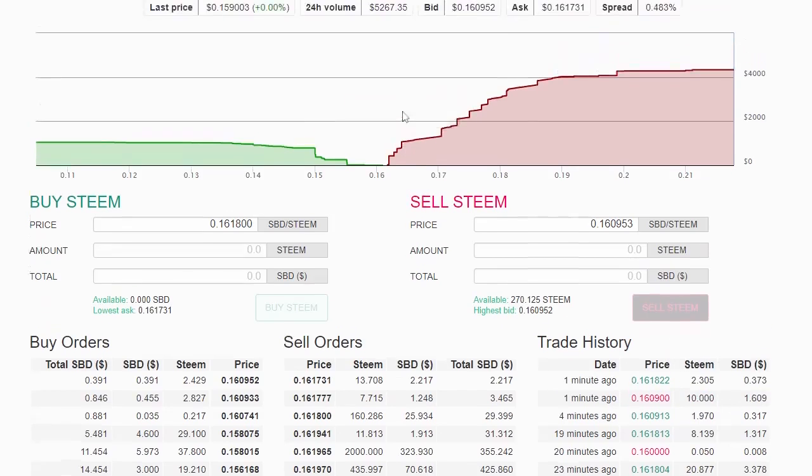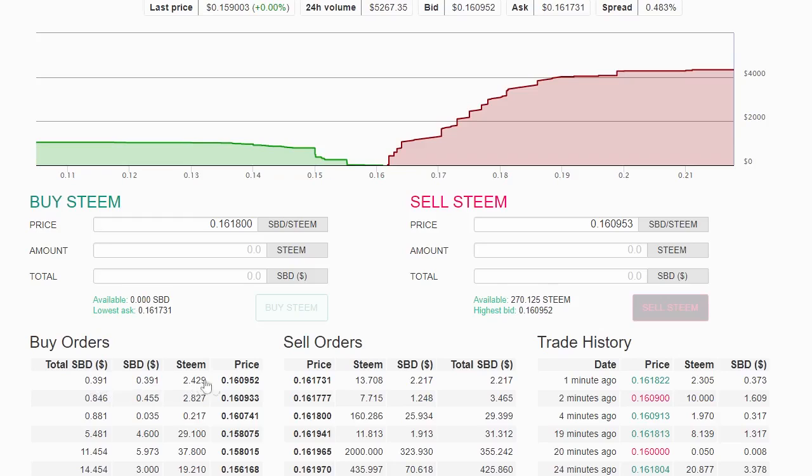I will demonstrate how to sell my Steem and purchase Steem dollars. Let's look at the buy order side. This person is requesting 2.429 Steem for 0.391 Steem dollars, that means for this rate.